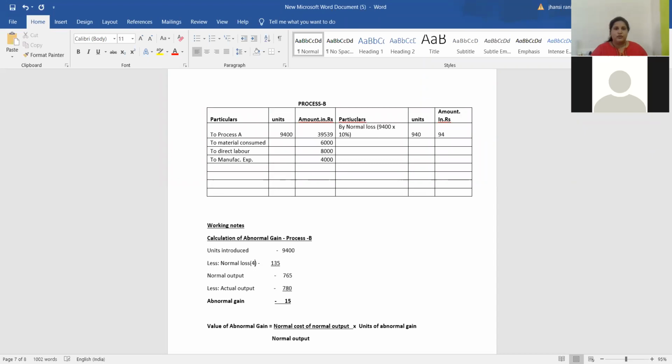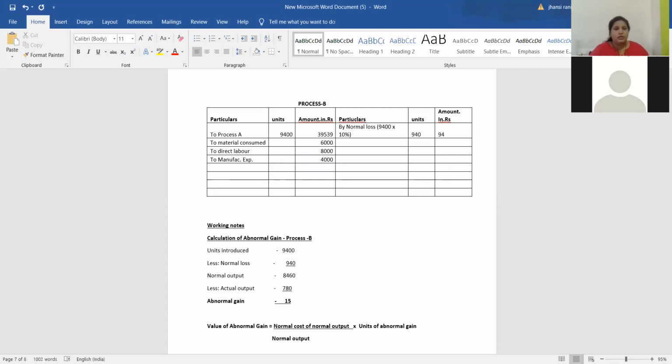So 9,400 minus 940. Find out the difference. We get a difference of 8,460.